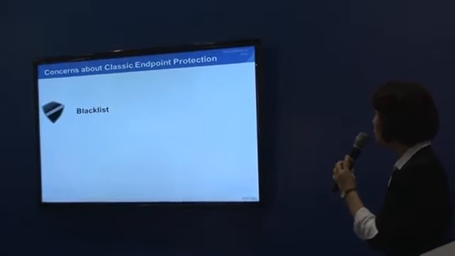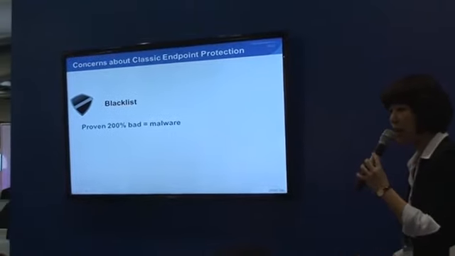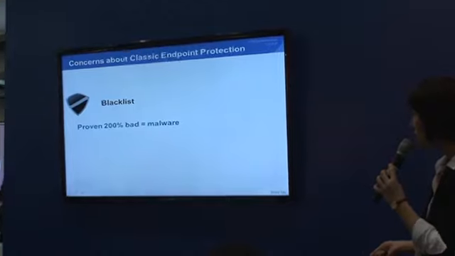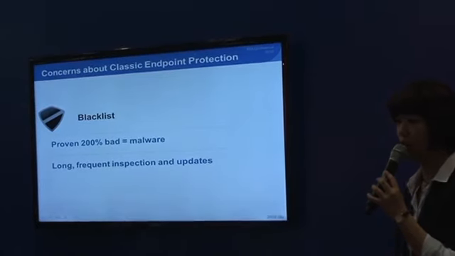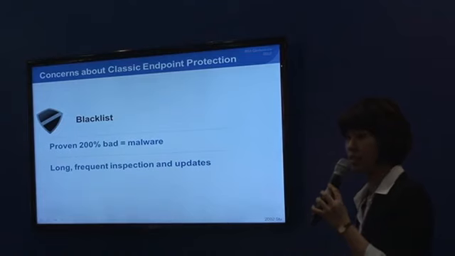The traditional endpoint protections based on the blacklist approach only identify and respond to 100% malicious software. By doing so, it wastes a lot of time and resources, and it requires even more time and resources to respond after identifying the threat.